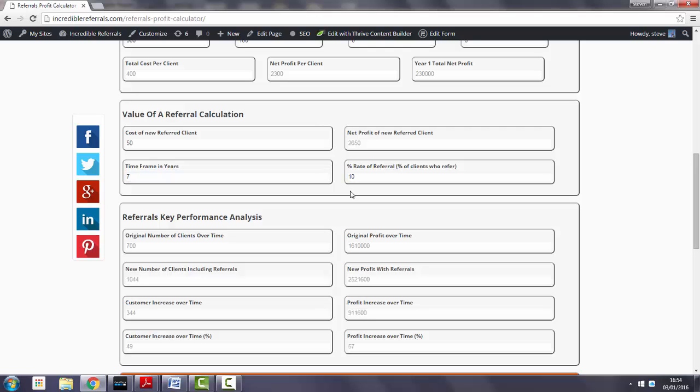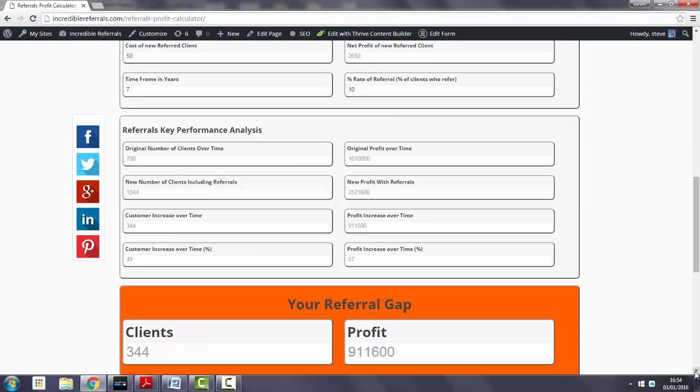Then what you'll see is it spits out on a 10% referral rate. That means if out of 100 clients you had before, 10% refer, which means only 10 people refer you, which is pretty low, especially if you've got a referral system in place. I would consider that very low.